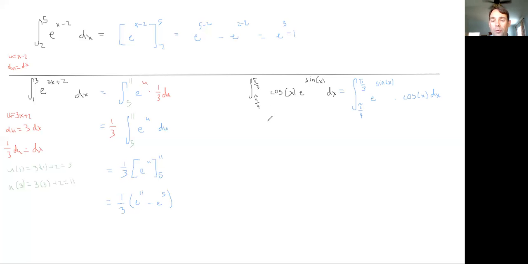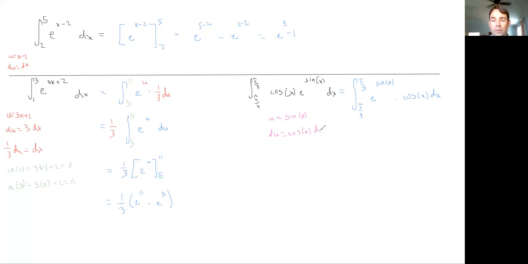Now I can see my u pretty darn quickly. So u is sine of x and du is cosine x dx.